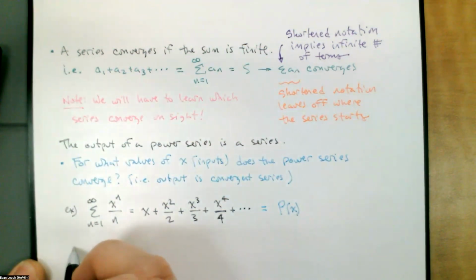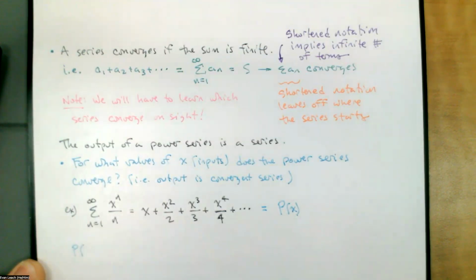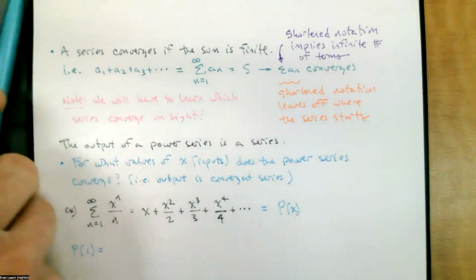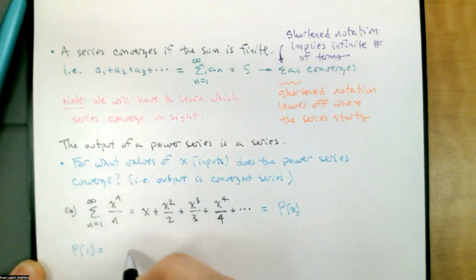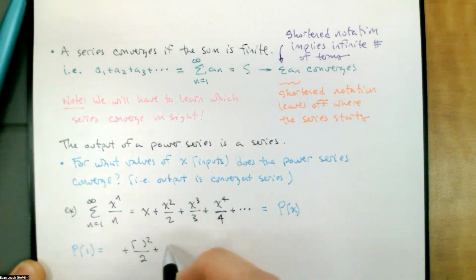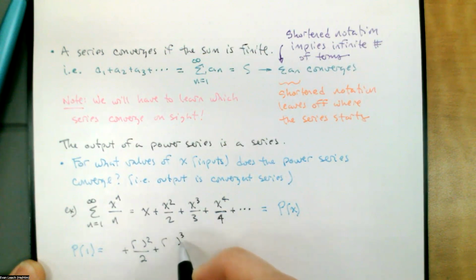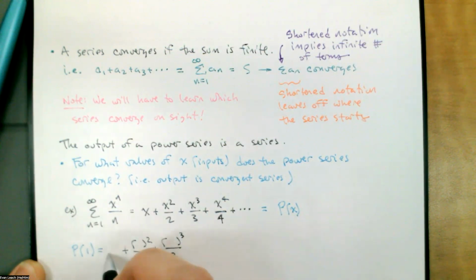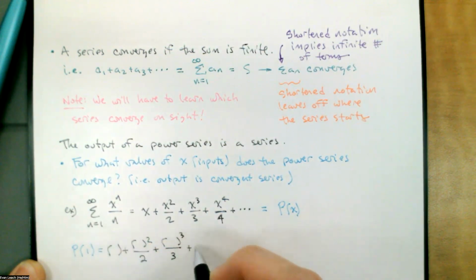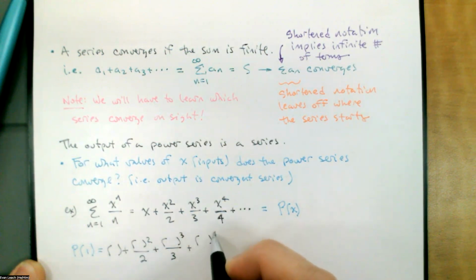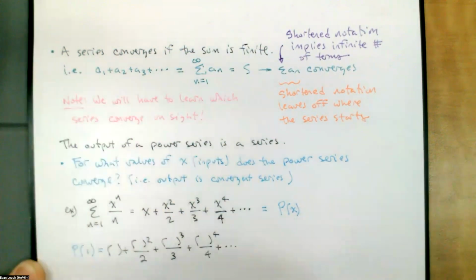So if I wanted to calculate P of, let's say 1, I get 1 plus 1 squared over 2 plus 1 cubed over 3, and so on. We plug in a 1.